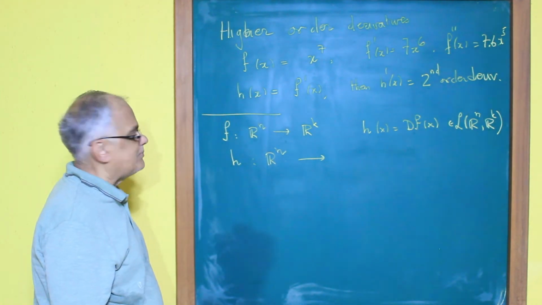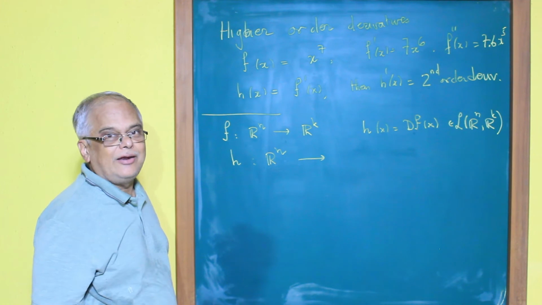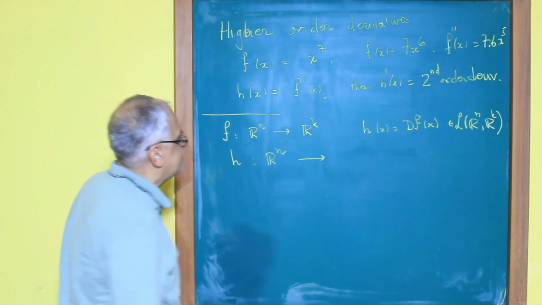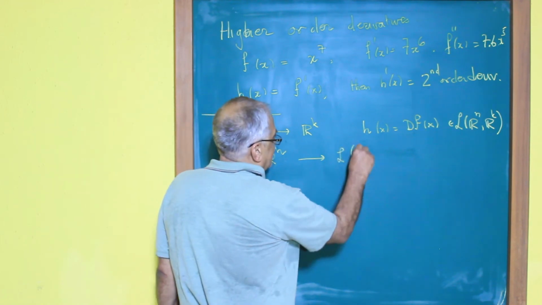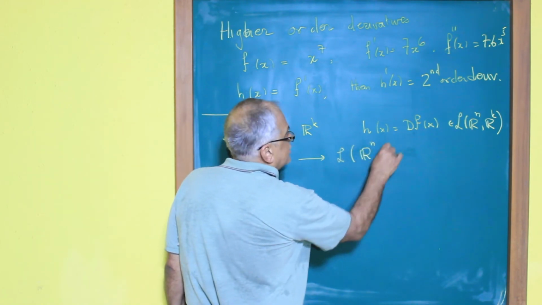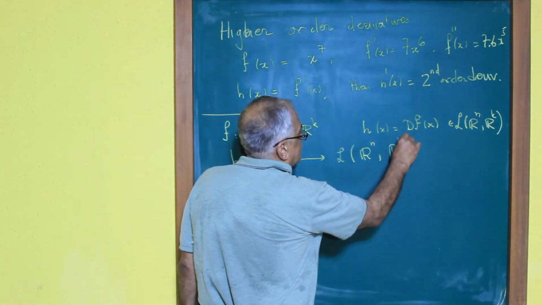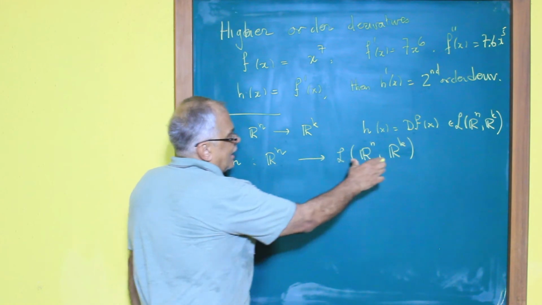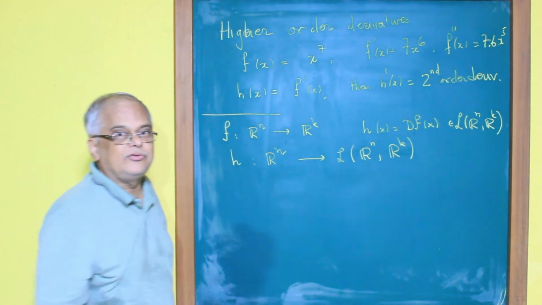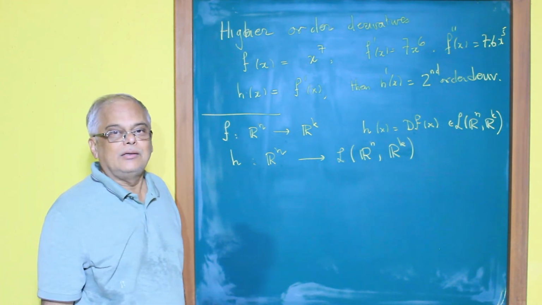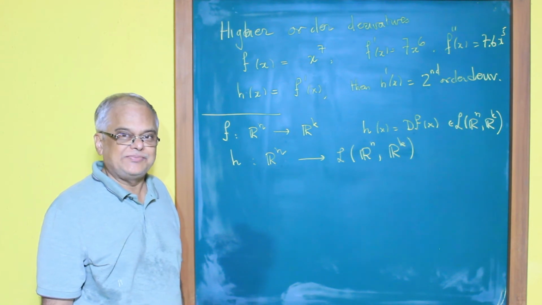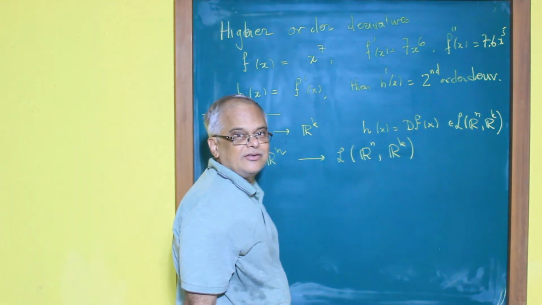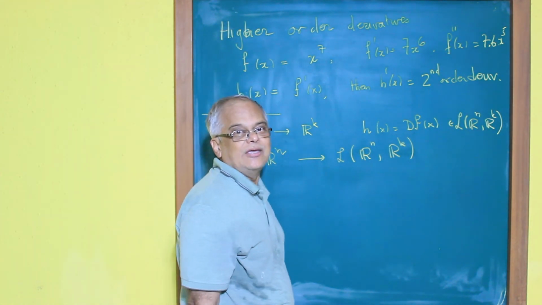So h is a map whose domain is Rn, but whose range is linear maps from Rn to Rk. Remember, this is some Rn, and linear maps from Rn to Rk is also an n times k dimensional real vector space. So this also is some real vector space of dimension n times k.